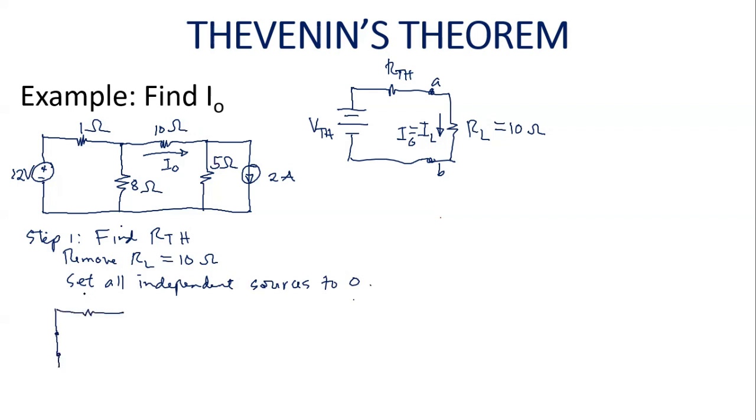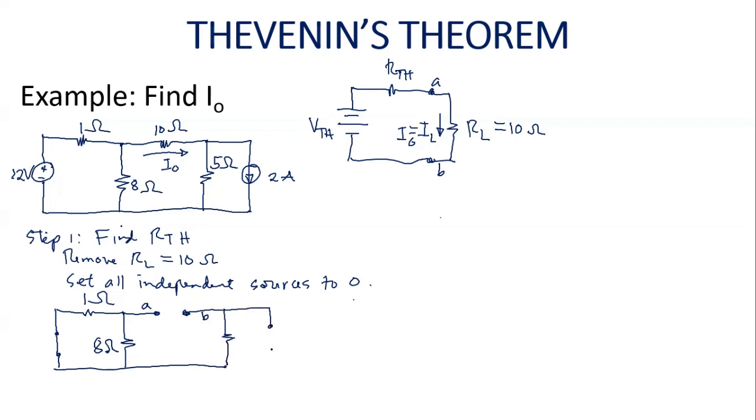Then we have here the 1 ohm, then the 8 ohms, and this is the RL. So let's remove it. And we label the terminals as AB. It is where the RL is being disconnected.